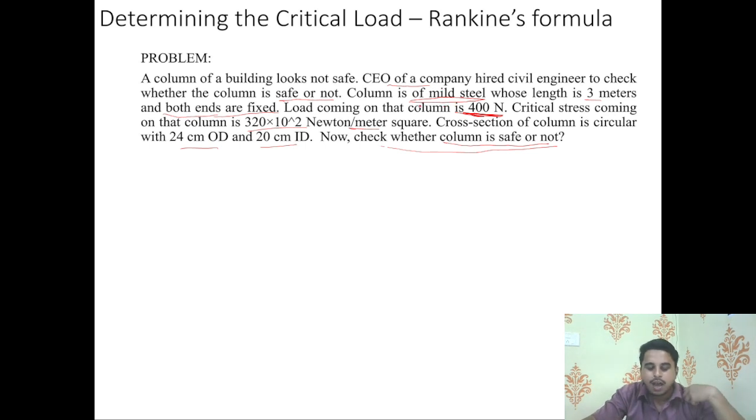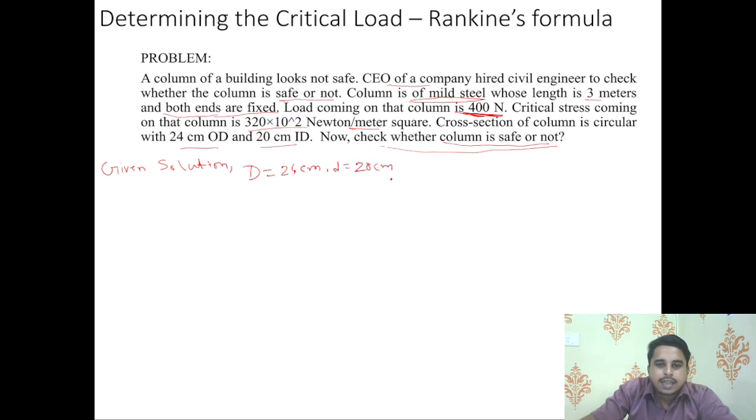Now let us jot down the given values. In order to solve such a problem, we jot down the given values. First of all, the outer diameter, denoted by capital D, is 24 centimeter. The inner diameter, denoted by small d, is 20 centimeter.